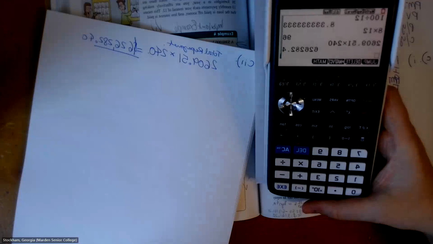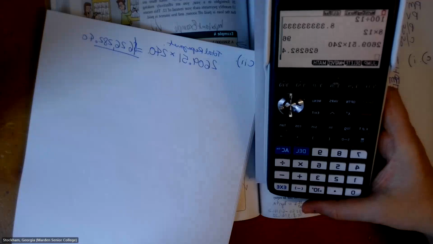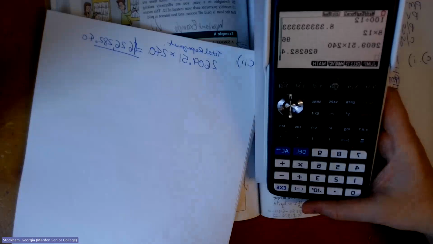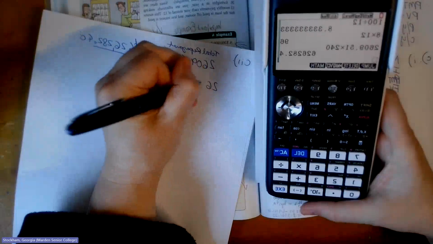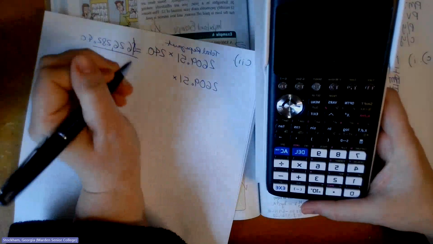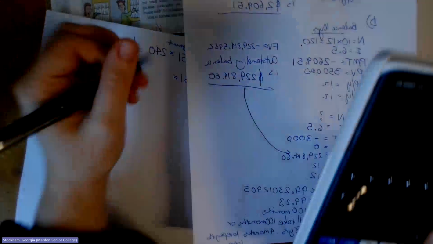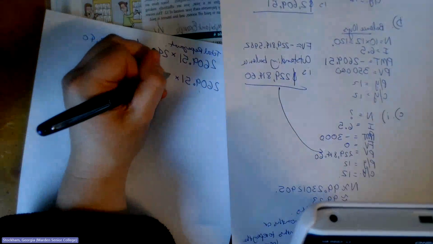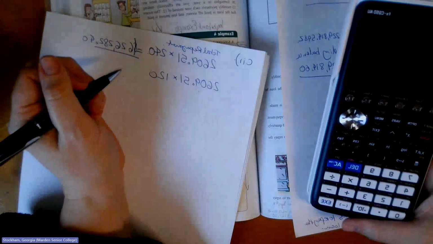Okay, but if we make a higher payment, we have to think about the fact that we pay this amount here, and we don't do that for the full time. We were only doing that for 10 years, weren't we? So that was 120. So we do that for the 10 years.